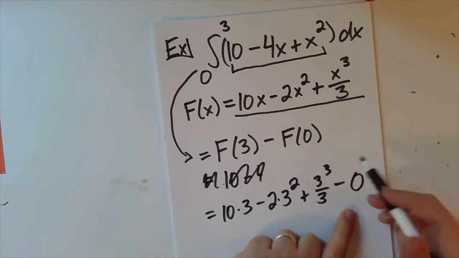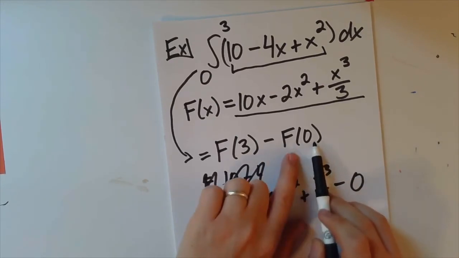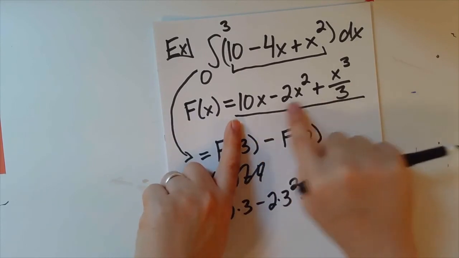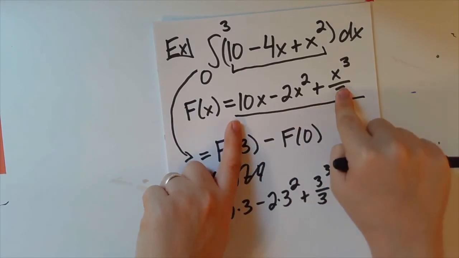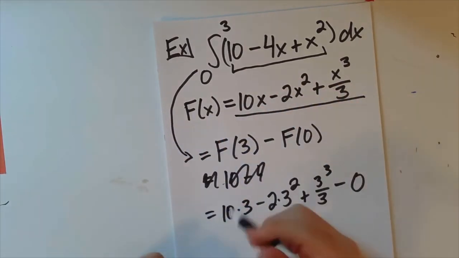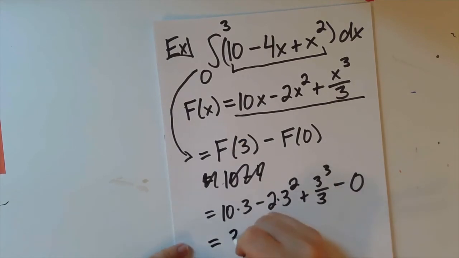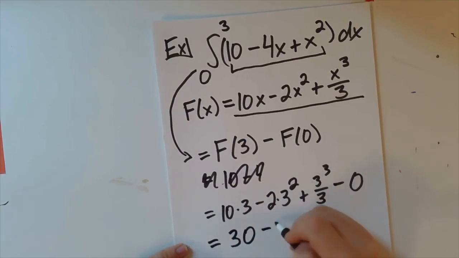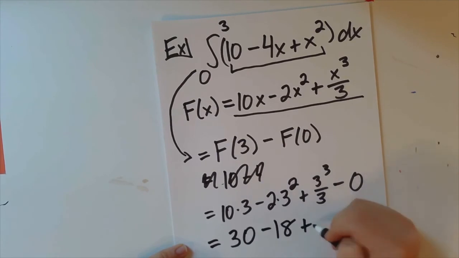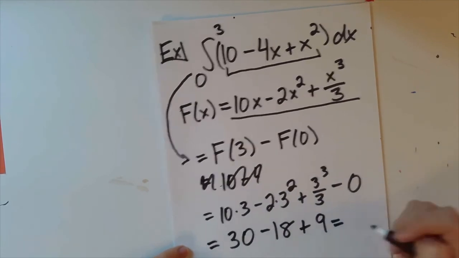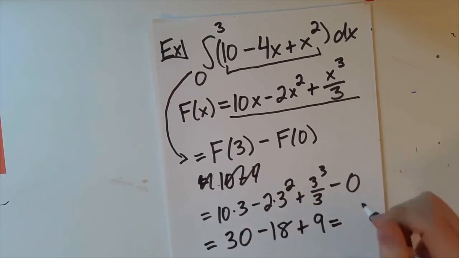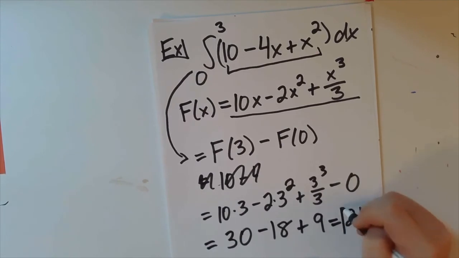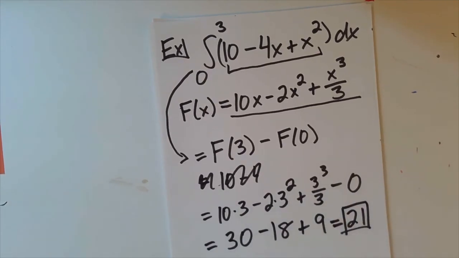That's just because when I plug 0 into F, all of these terms have an x in them, and so they all vanish. So then I can just work this out. This will be 30 minus 18 plus 9, and so this will work out to be 21. And that is the value of this definite integral.